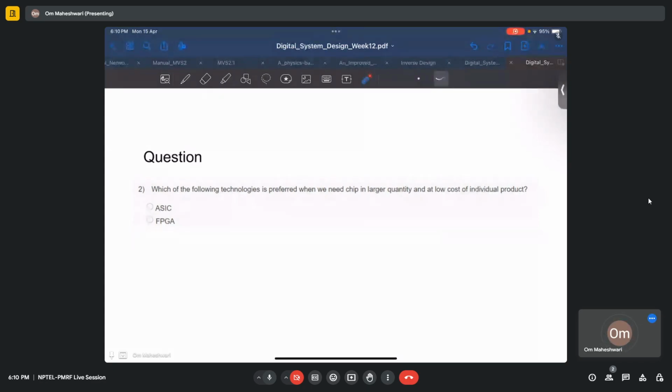For that, it is better to use ASICs. So the answer is ASIC. When we need a larger quantity and low cost of individual product, we do ASIC, whereas when we need a smaller quantity we do FPGA.